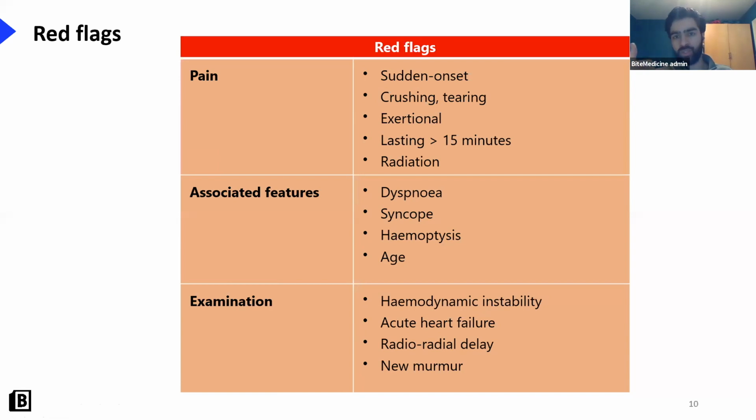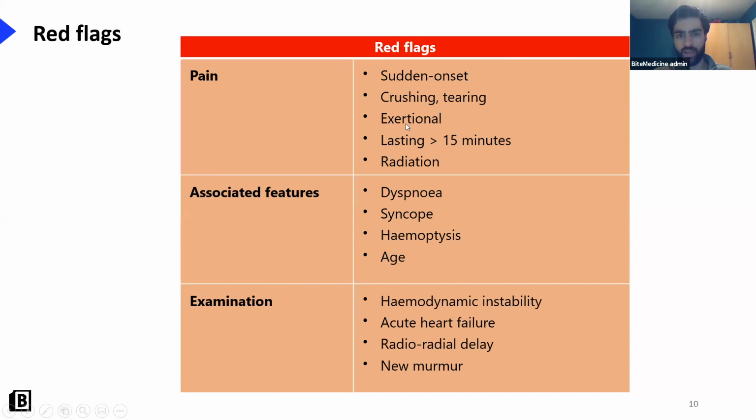Things like aortic dissection and even ischemic heart disease, so acute coronary syndrome, tend to come on fairly quickly. Crushing pain, remember, is suggestive of acute coronary syndrome. Tearing pain is suggestive of aortic dissection. Exertional pain, again, suggests coronary artery disease.